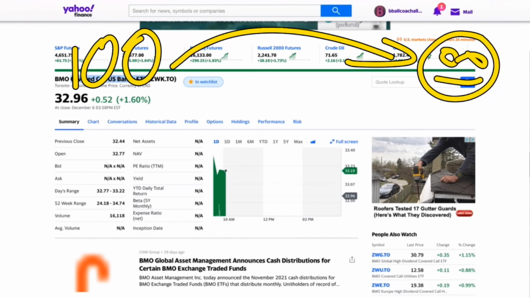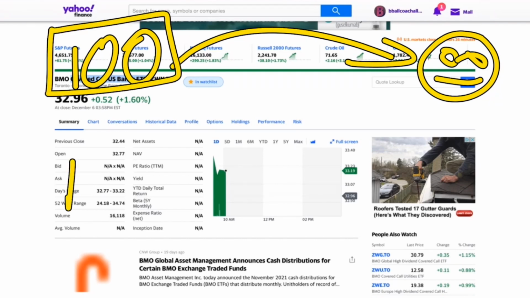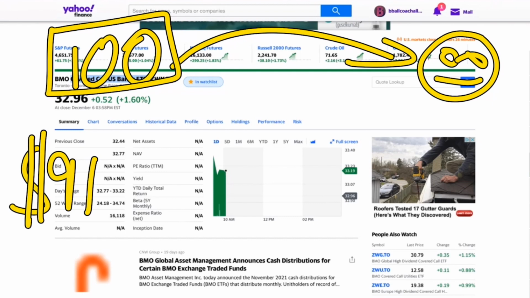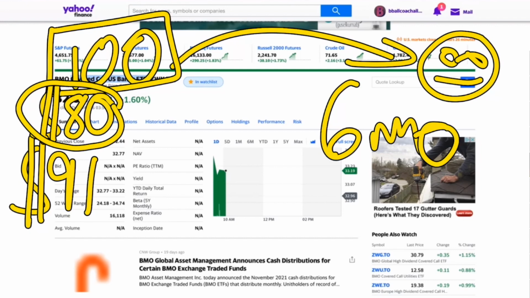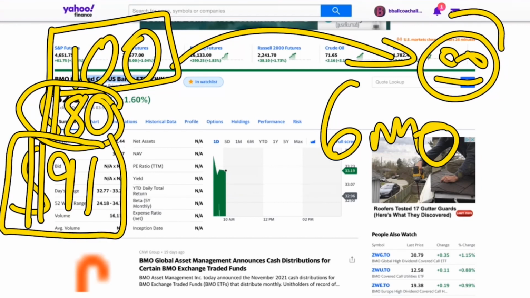They give the option to buy those 100 shares at, let's say, $91, and they are currently worth, let's say, $80. And that option is to buy those shares 6 months from now. Just as an example, if they don't hit that $91, then this person doesn't get his shares.